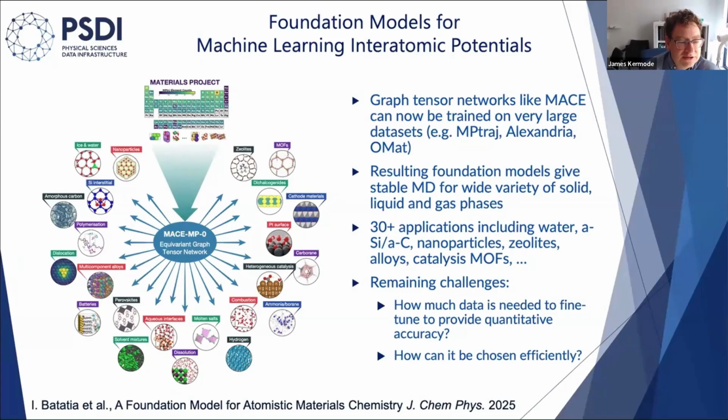The picture I'm showing here is one of the first of these, the MP0 MACE-based foundation model, but there have been many others, both around the same time and since, with similar aims, which is to encapsulate a vast quantity of density functional theory data from databases like the Materials Project and others in a message passing equivariant neural network, which can then be used to make predictions across vast areas of chemical space.